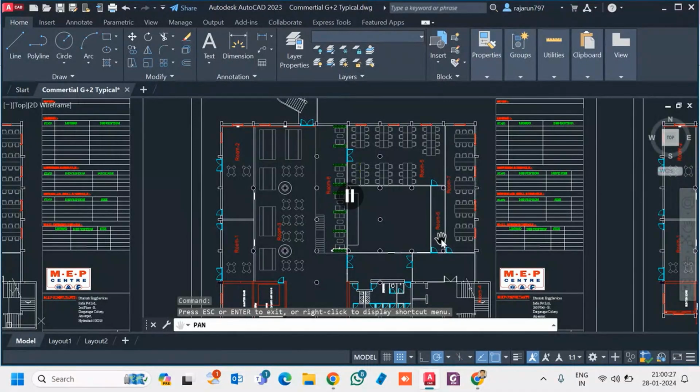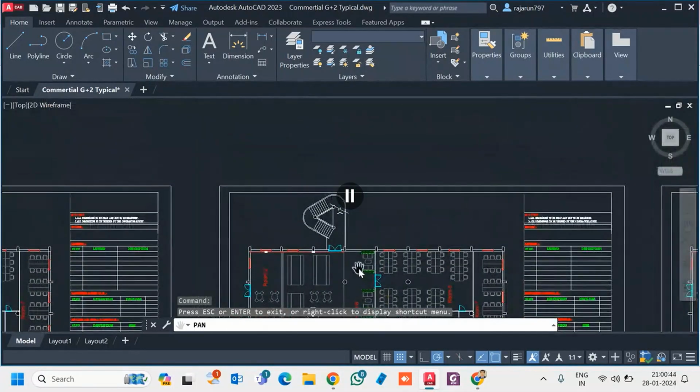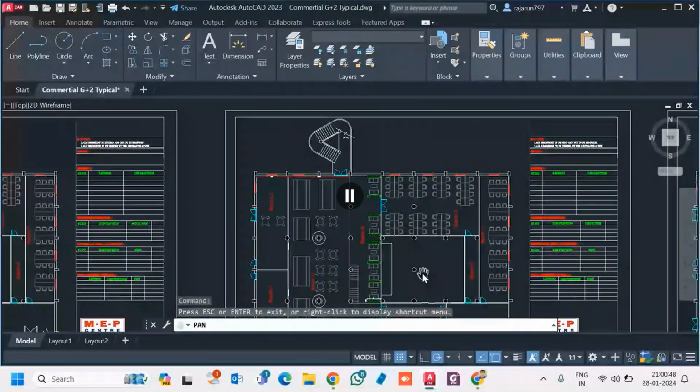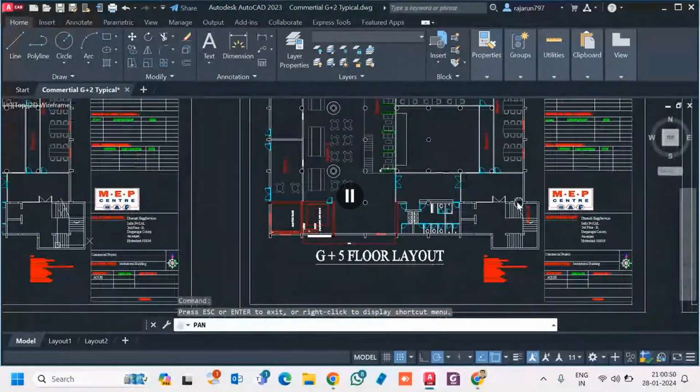Next one. For all the remaining properties, you come down, take the drawing to the top. There red color text is there.